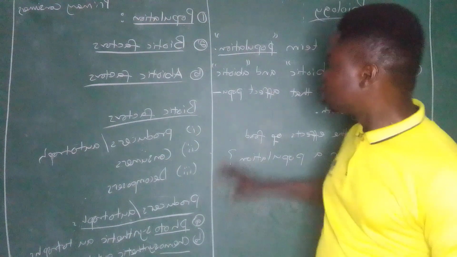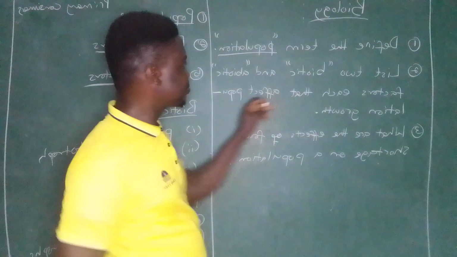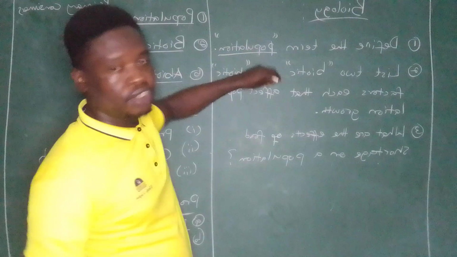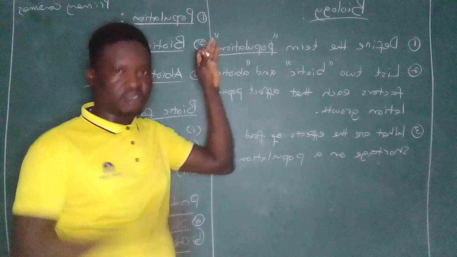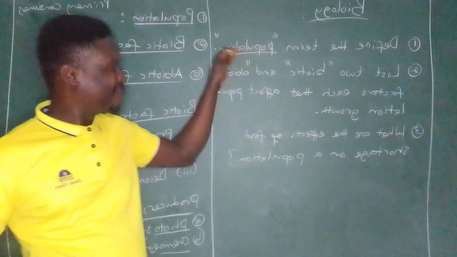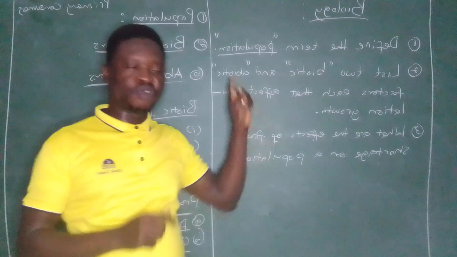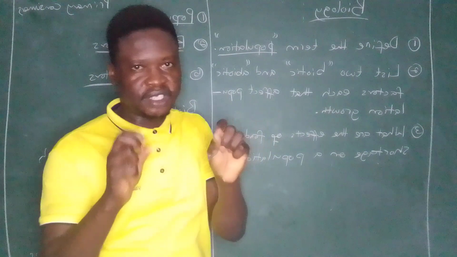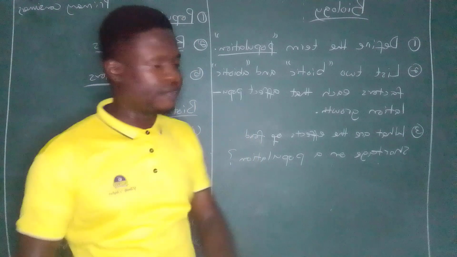Alright, so we'll answer the first question and the second question. Define the term population, which we said population is defined as the total number of organisms of the same species living together in a particular environment.